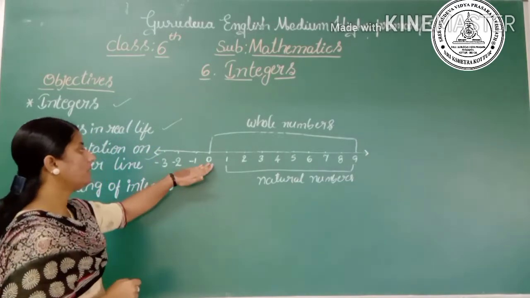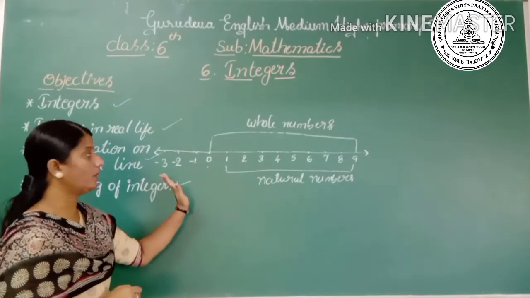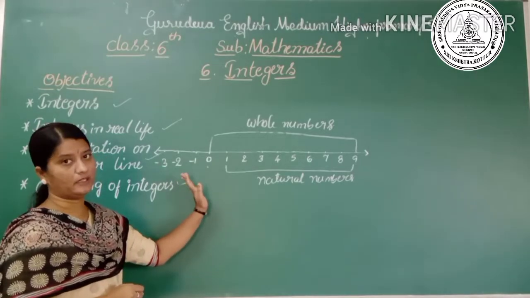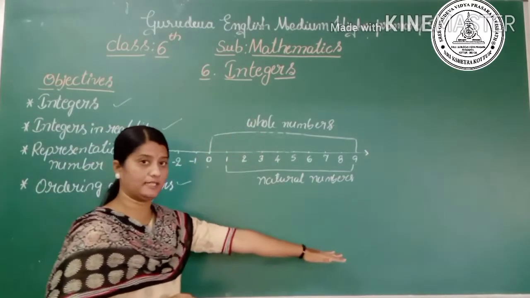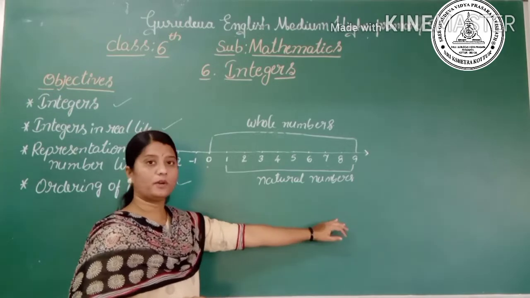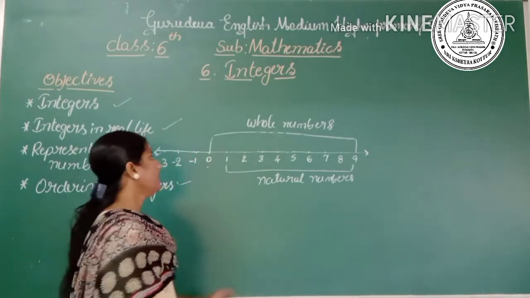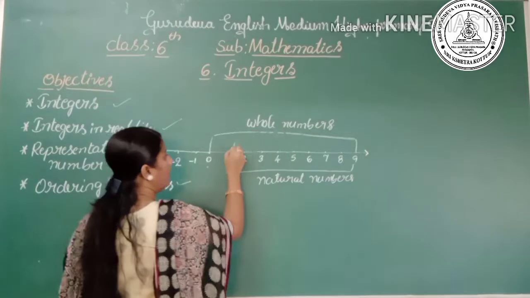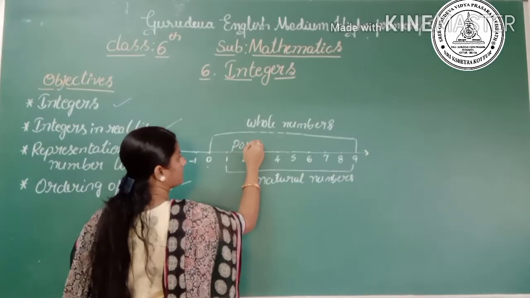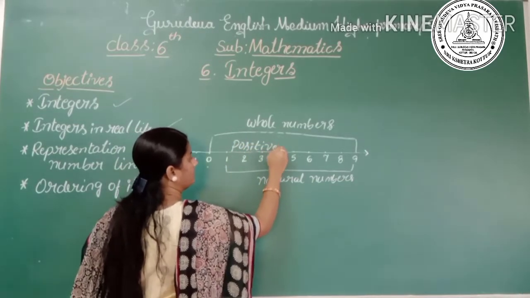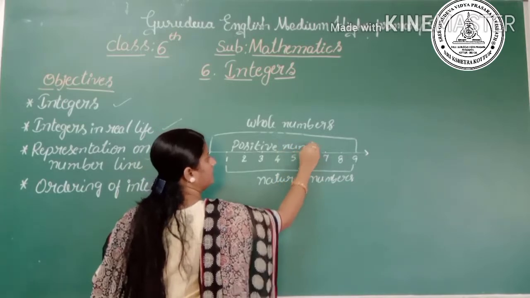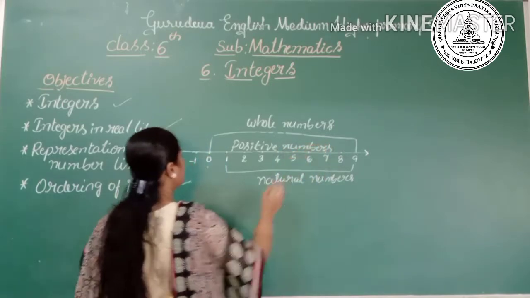The numbers left of zero are negative numbers. The numbers right of zero are called positive numbers. Here these are the positive numbers.